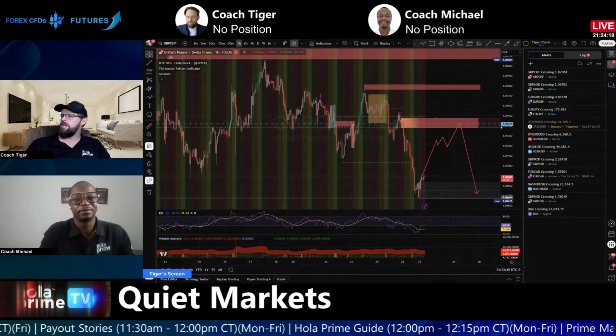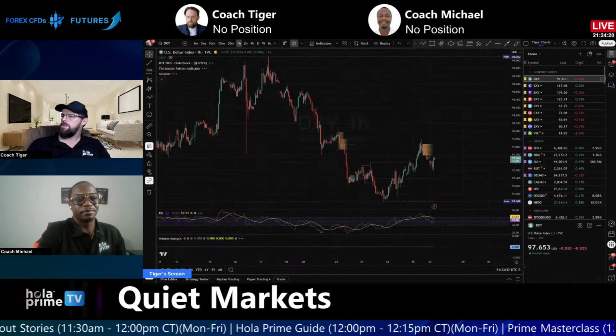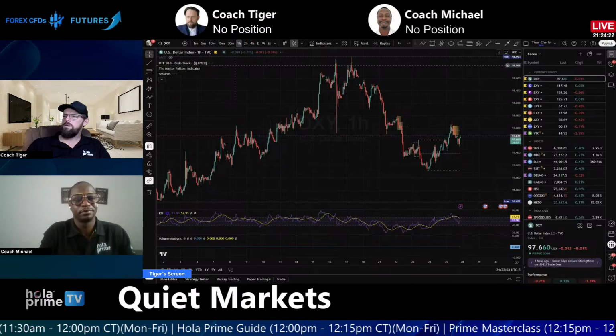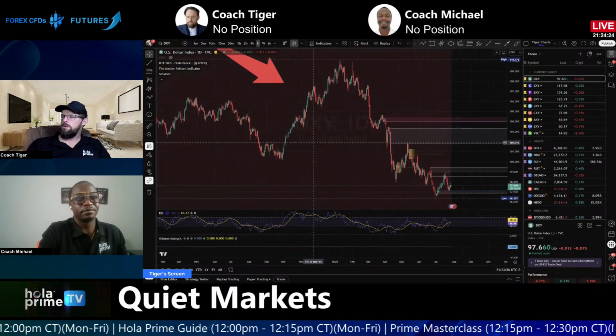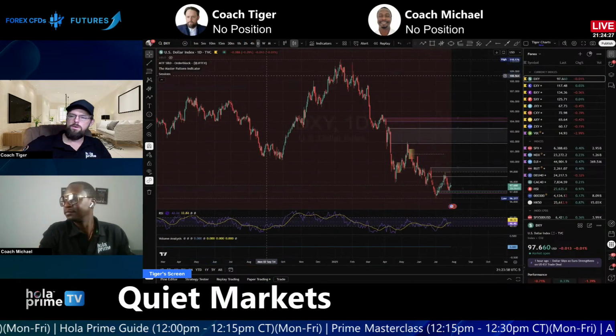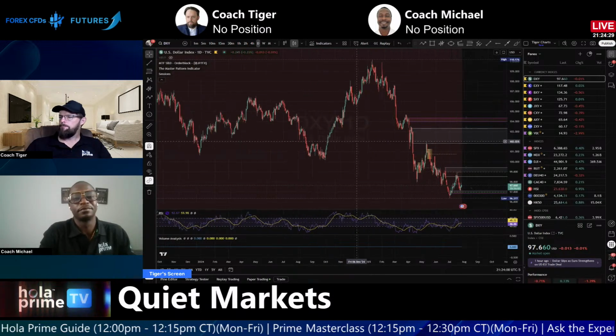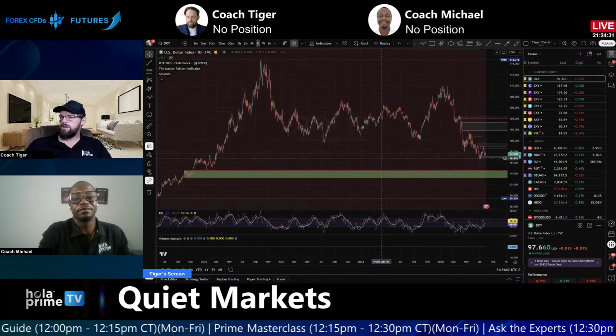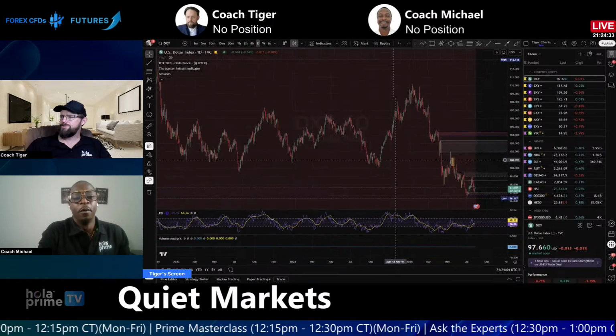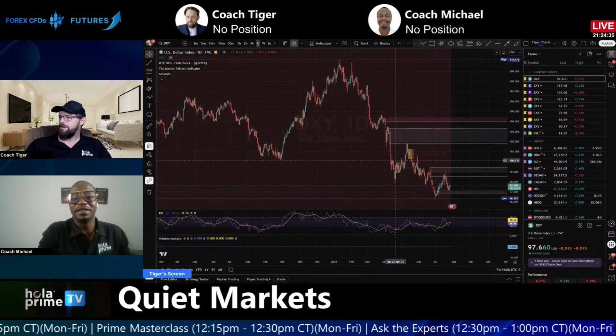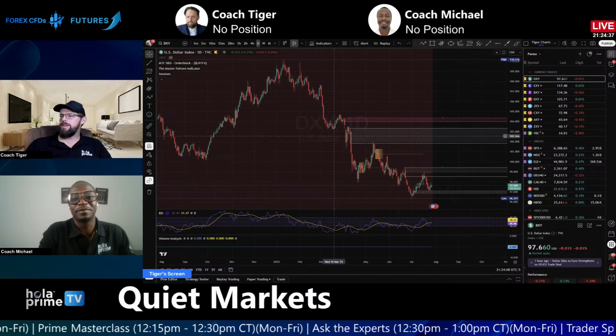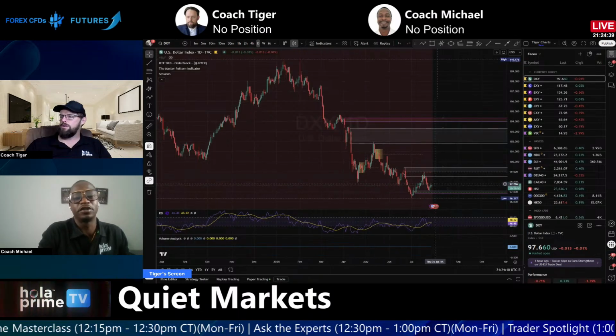If we look at the Dixie on the index, this thing's just getting stretched to the downside. It's acting like one beautiful head and shoulders pattern.